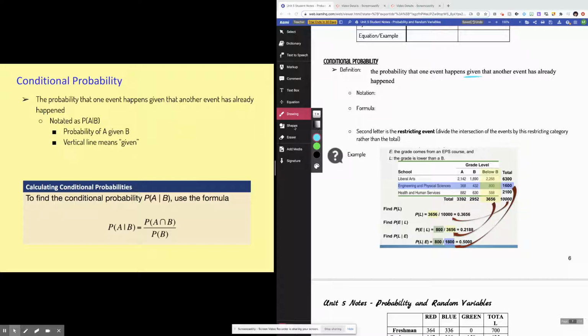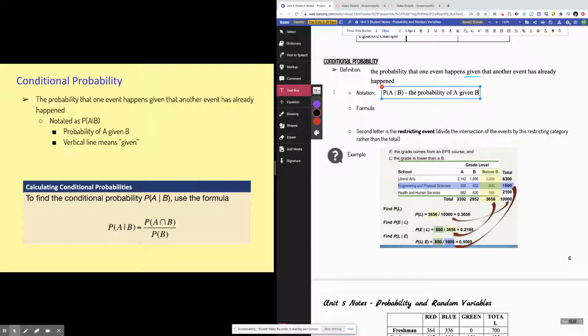is this vertical line. So your notation here is probability of A, and then you have this vertical line, and then B. So what that literally translates to is the probability of A given B, meaning we're trying to calculate the probability of this event A given that we already know that event B has occurred.